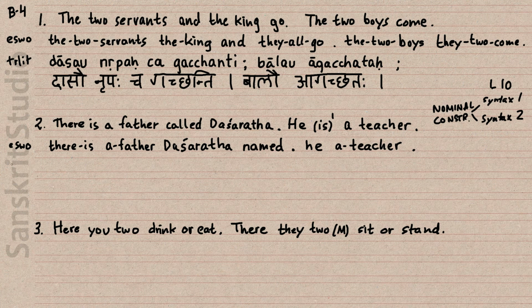And so we have the transliteration, and we have asti here, "there is", and the father is Janakaha, Dasharataha.